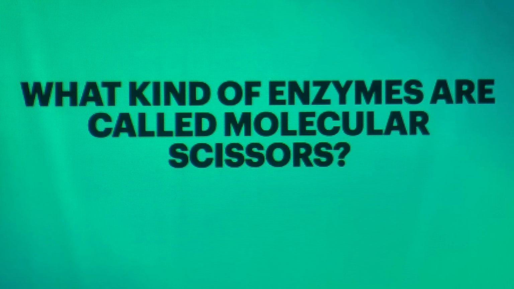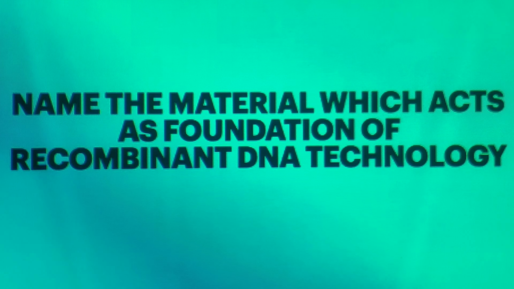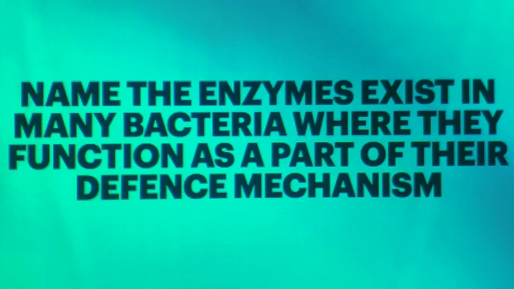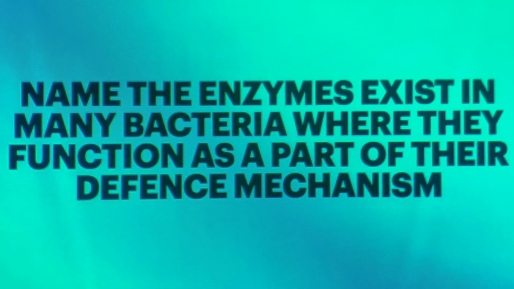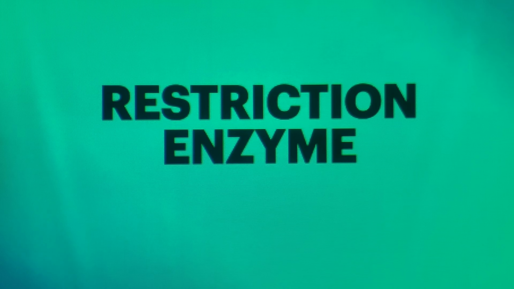What kind of enzymes are called molecular scissors? Restriction enzymes. Name the material which acts as a foundation of recombinant DNA technology. Restriction enzymes. Name the enzymes that exist in many bacteria where they function as a part of their defense mechanism. Restriction enzymes.